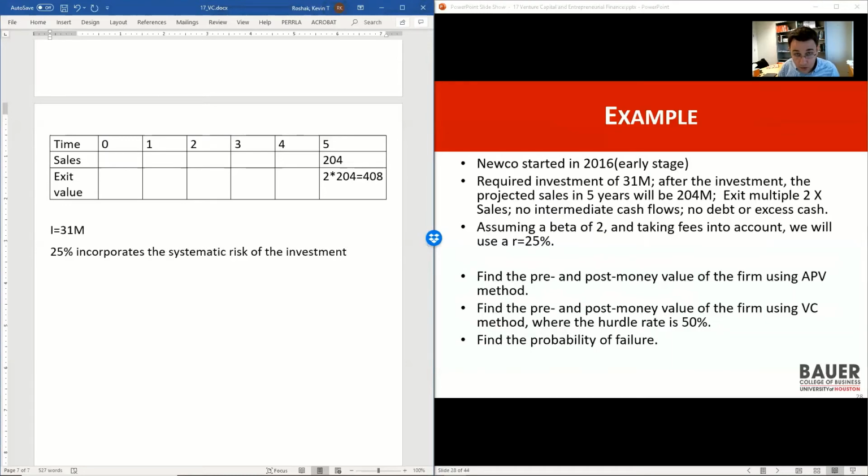The beta is 2, and it also incorporates fees. It does not incorporate the probability of failure. That's like our APV discount rate. This would be something that would be familiar to us from an earlier lecture.